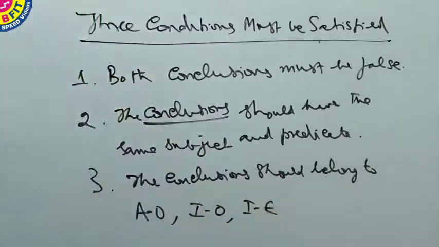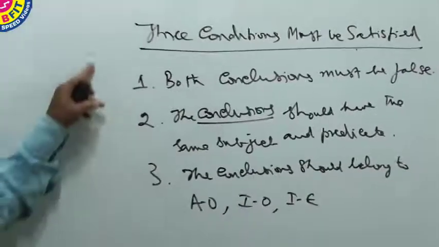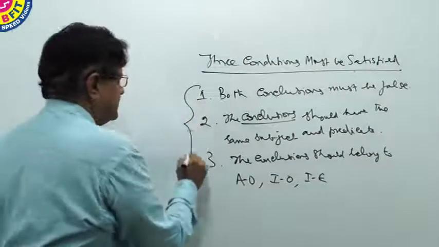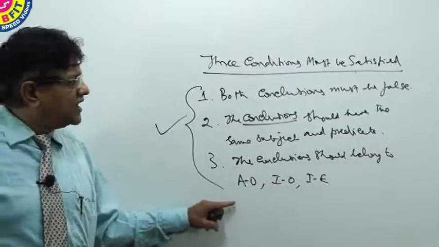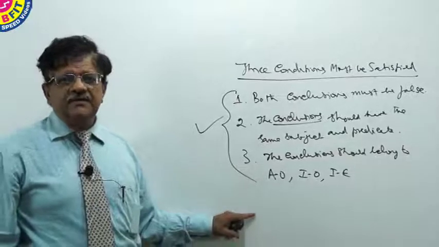Any one of these three possible combinations. If they don't belong to any of these three possible combinations, then it is not complementary pair. If all the three conditions are satisfied, then you call the conclusions as complementary pair.